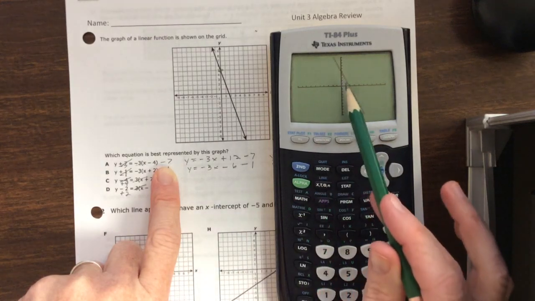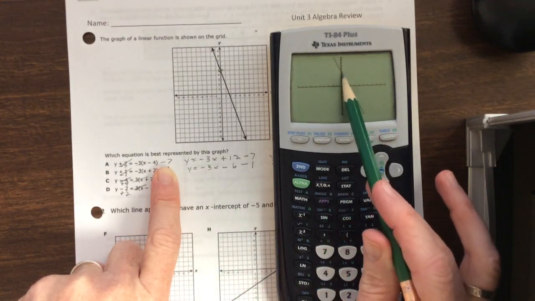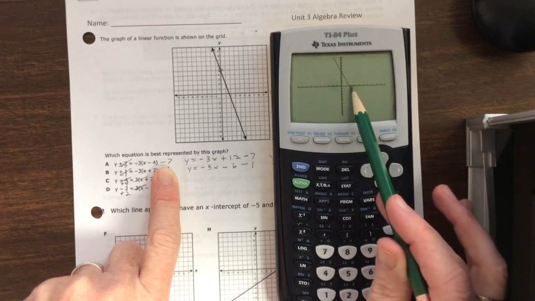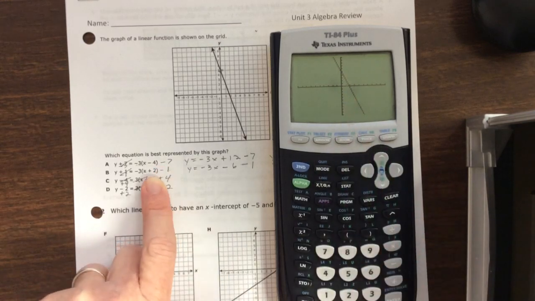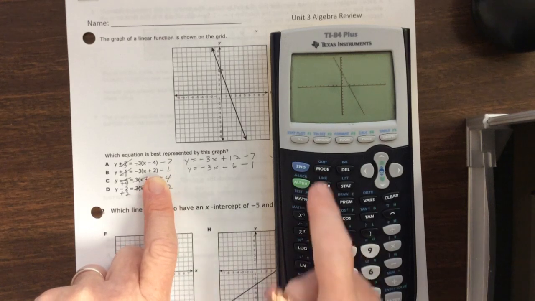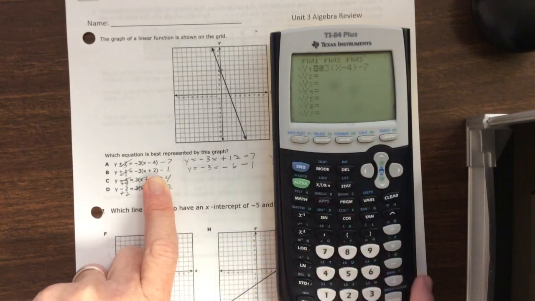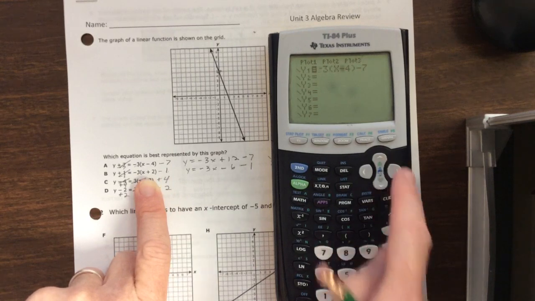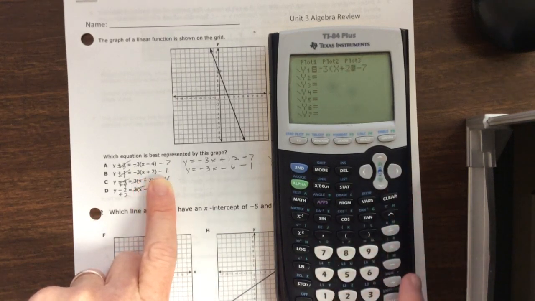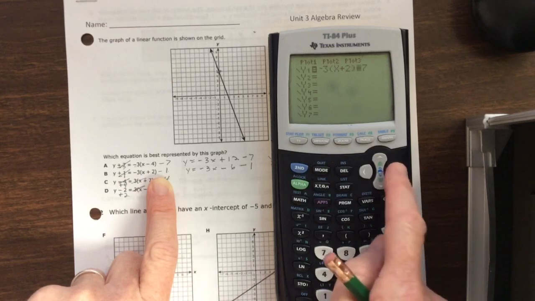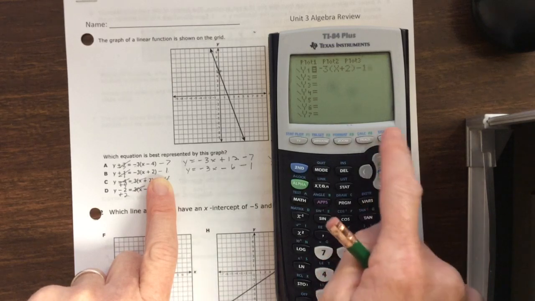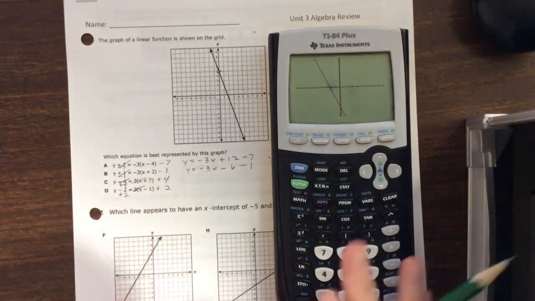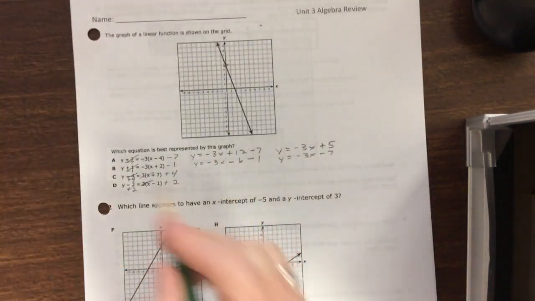And I can see this looks just like my graph because it's going through y at 5, and it's going through the x at a little before the 2. If I was to graph the second one, y equals, and put in negative 3 times x plus 2 minus 1 and hit graph, you can clearly see it's not this one. So either way, your answer is A.